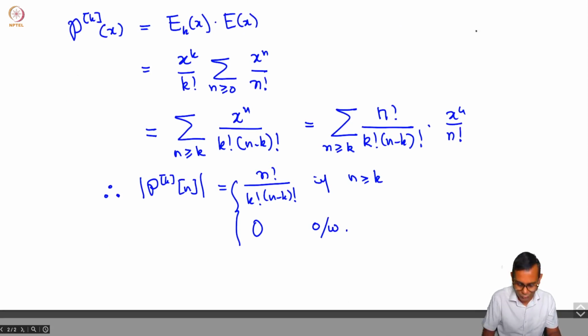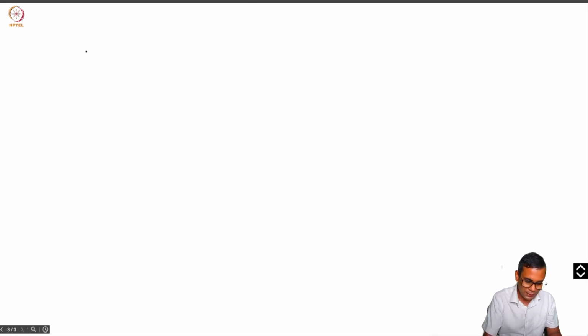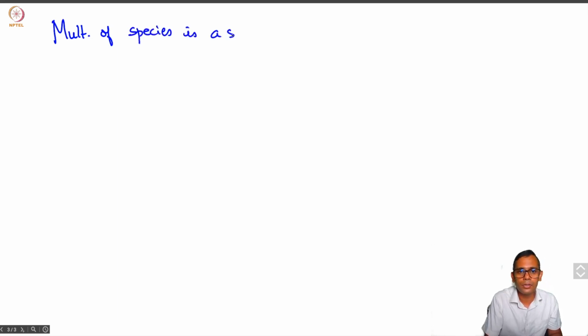Now, multiplication of species is associative, so it makes perfect sense to talk about the product of k species. I haven't proved that multiplication is associative, but it's something that you can easily check as an exercise.